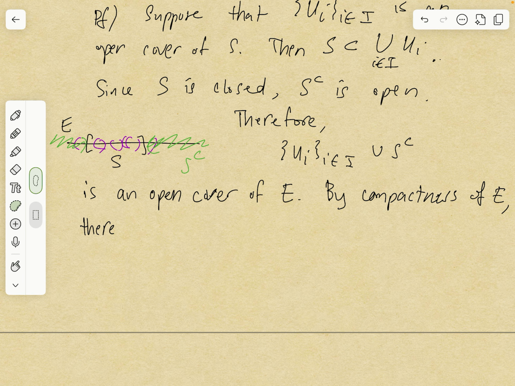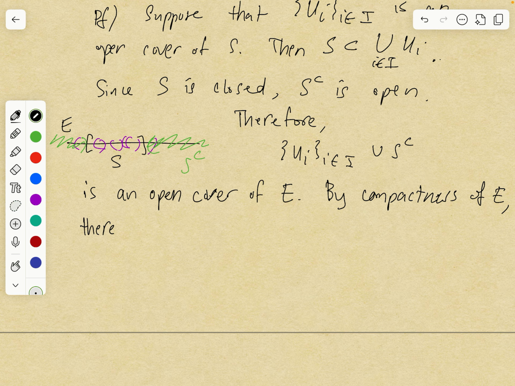But at any rate, if you have a finite subcover, that's going to be a finite subset of the UIs, possibly including S complement.